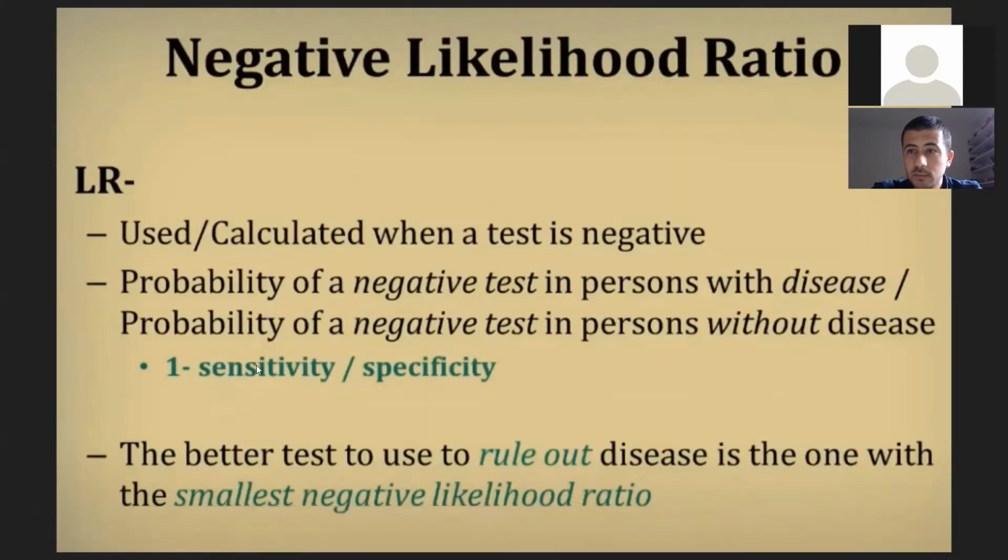Is it a better sensitivity test or a better specificity test just by knowing the LR? Just by knowing the LR, I don't think so. Actually, I hadn't thought about this before, but I don't think so. Maybe from LR you can't distribute the number to here and here.